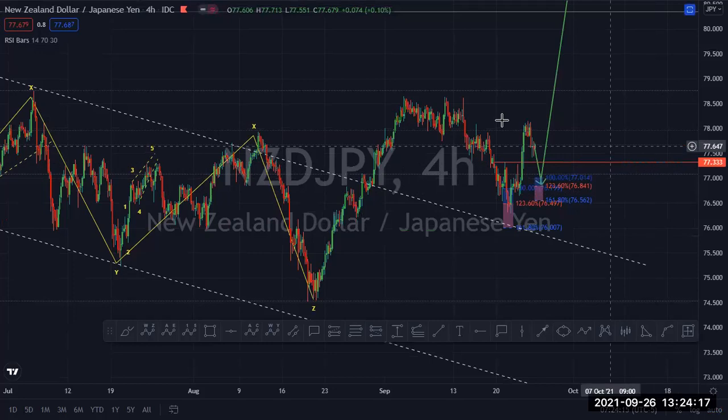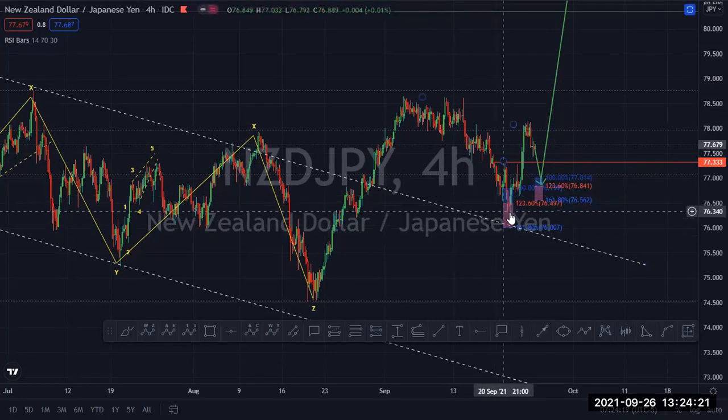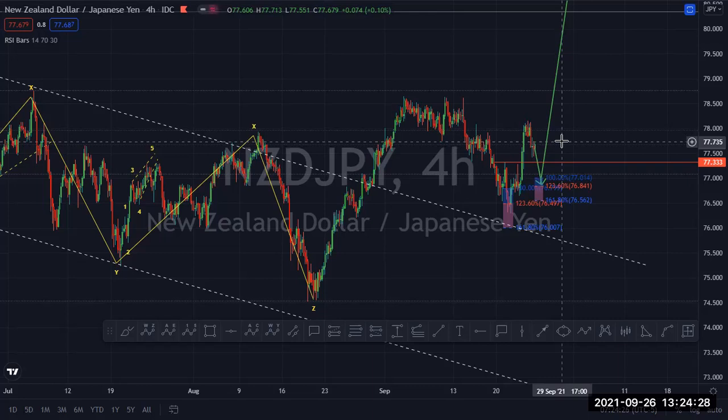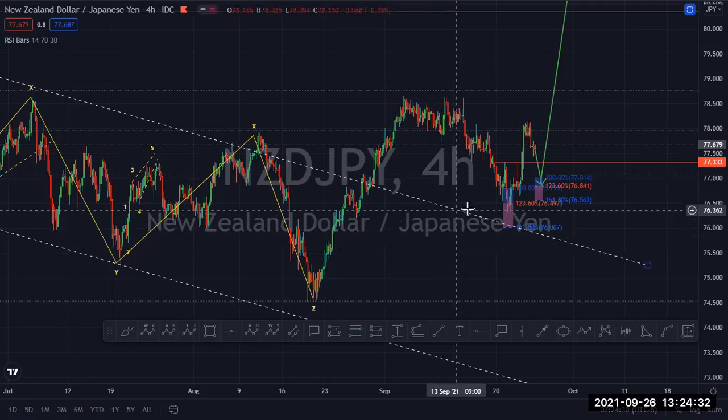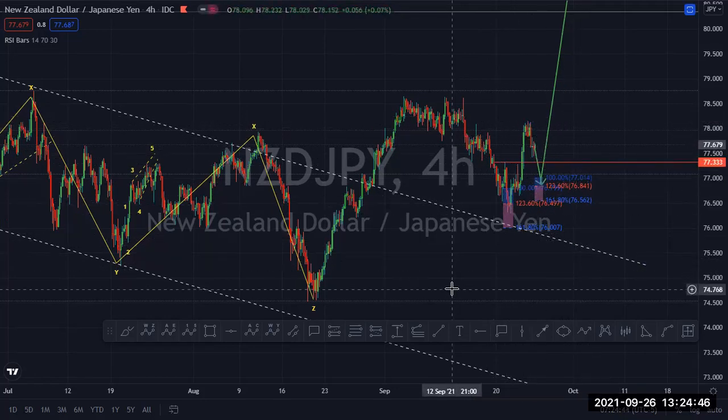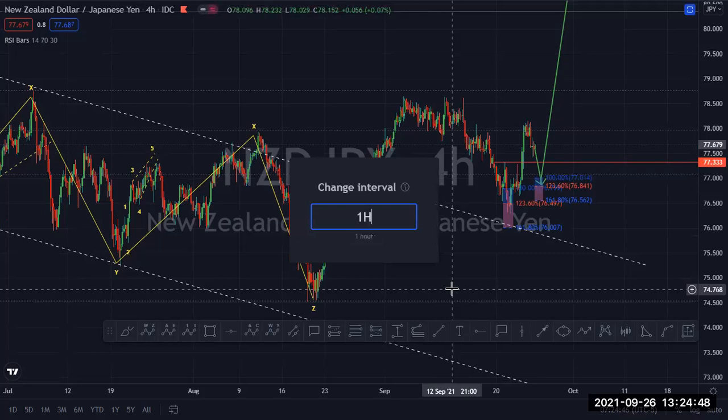On 4 hours, we can see this drop, a 3 waves drop. It's now buying, 3 waves buy again. So now, what next? We drop to this level. But now, for me, this pair is buying. Though there's a possibility that this can be a big correction, then you see it drop to this level. But let's focus on 1 hour first.